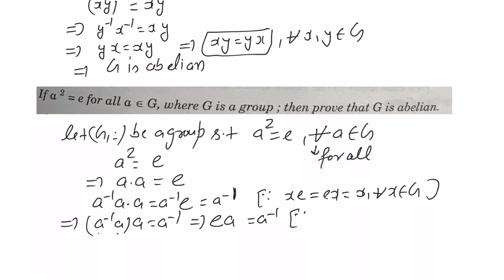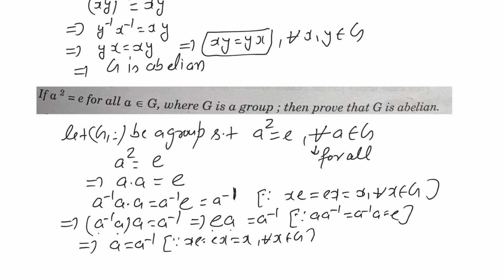Right here, because a inverse a is equal to identity, and when identity is multiplied by any element it gives the same element. So a is equal to a inverse. Again, you can write xe is equal to ex is equal to x for all x belonging to G.